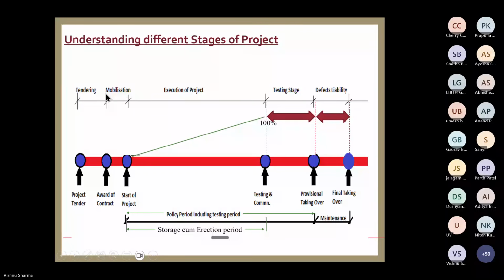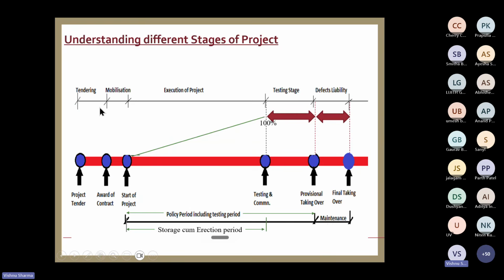During this period, your machineries and all that are shifted to the construction site. Many times, 100% machinery is not shifted, because if some machine is required to be erected at a later stage, there is no point in purchasing that machinery right at the beginning, at the start of the project.